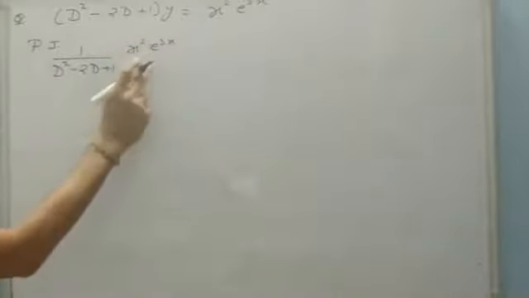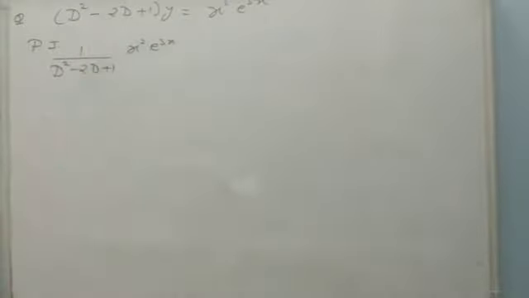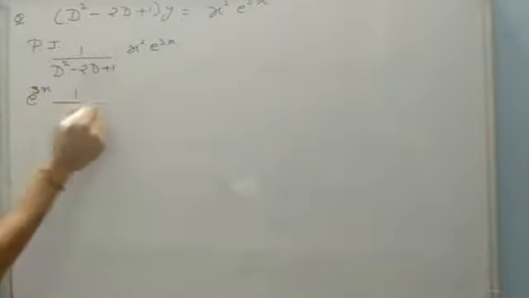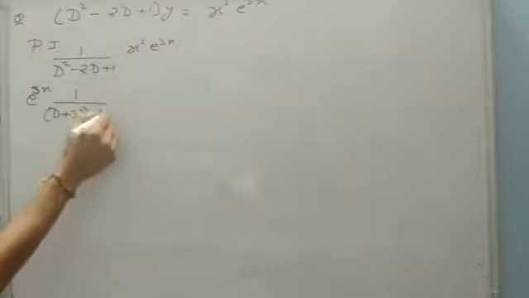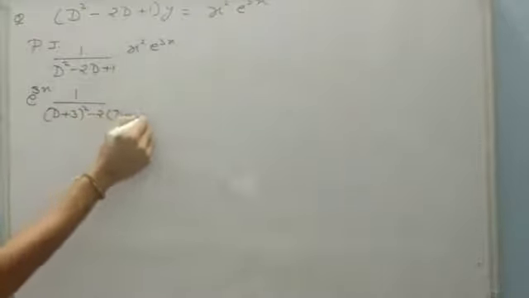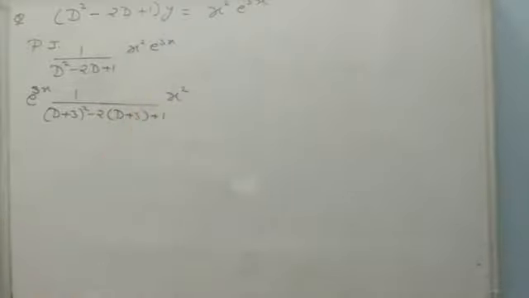Here is an exponential function with an algebraic one. So take e to the power 3x on the left side and put D plus 3: D plus 3 whole square minus 2 times D plus 3 plus 1, of x square. I hope you understand how.